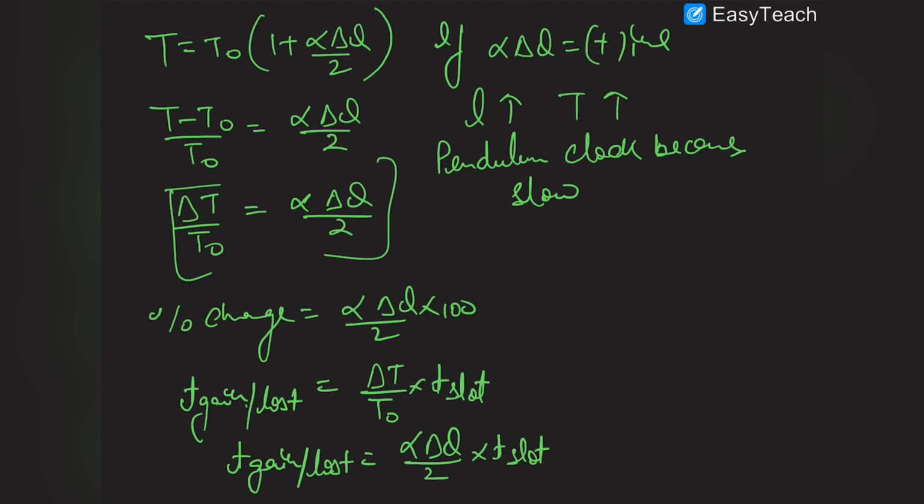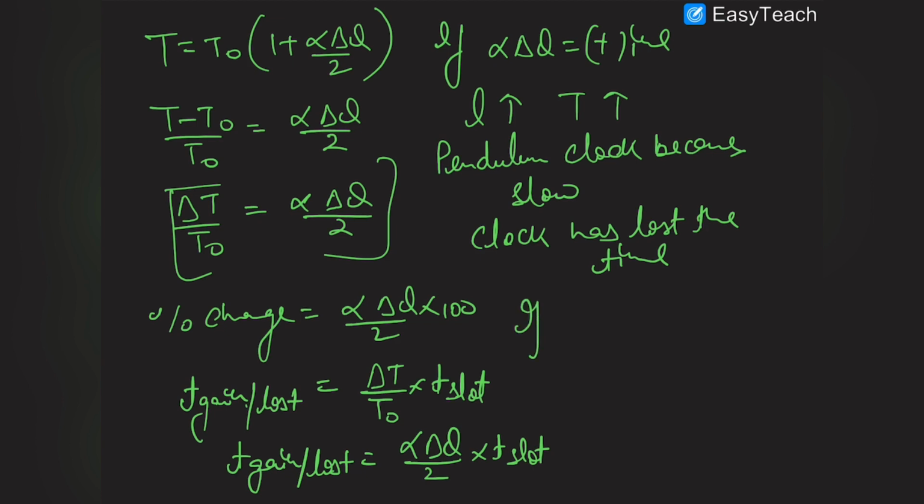So we can say that it has lost 2 minutes, because it is showing 1 hour completed in 62 minutes instead of 60 minutes. So if αΔθ is positive, the clock has lost time.